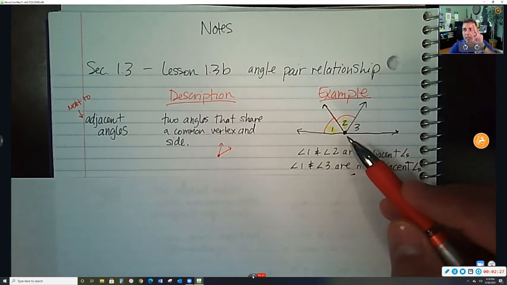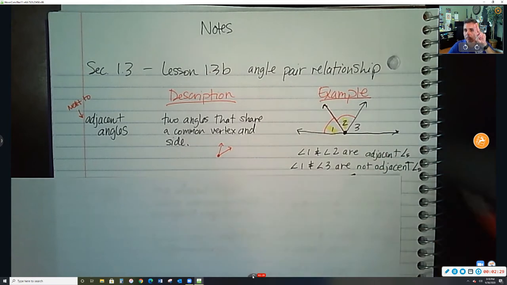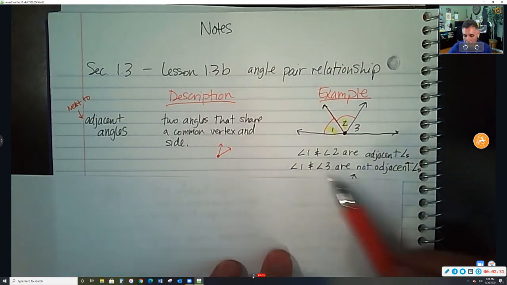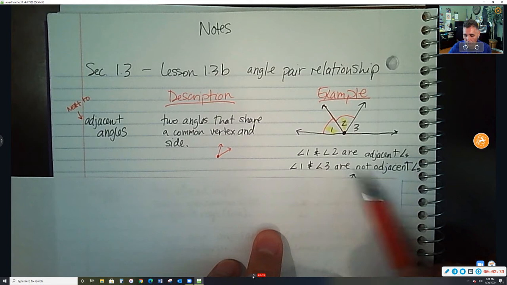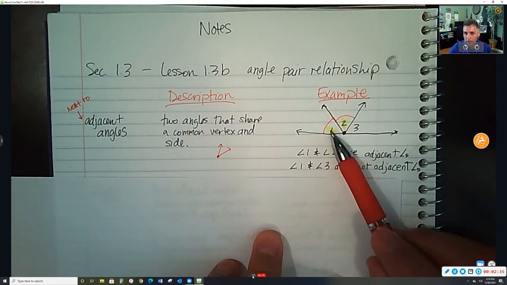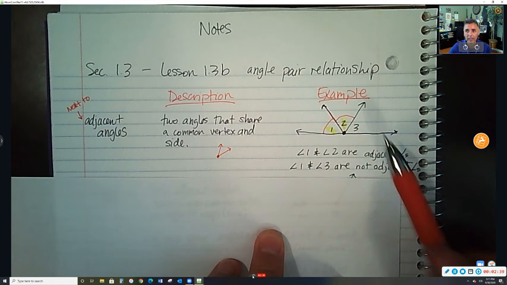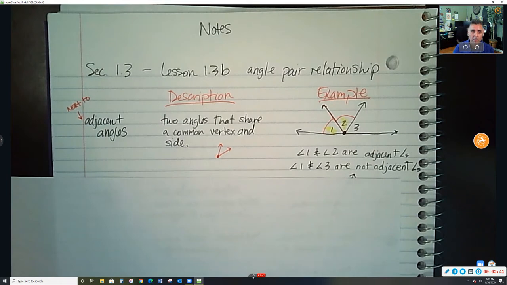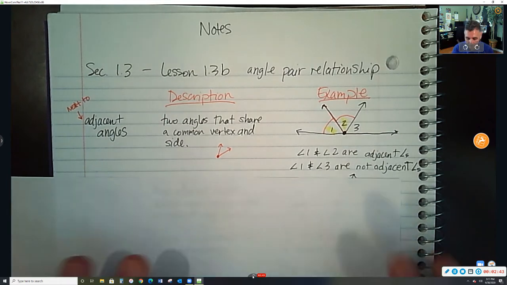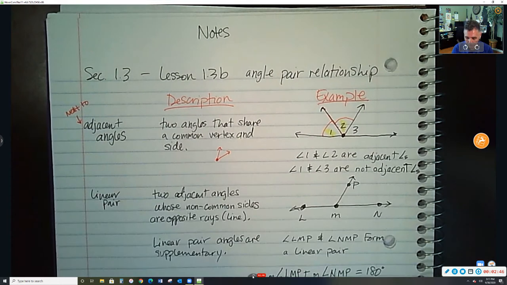But more importantly, I think they're right next to each other. And underneath there, I put angles 1 and 3 are not adjacent. See, 1's way over here, and then 3's over here. They're not next to each other. They're not adjacent. Hopefully that makes sense. So let's move on.